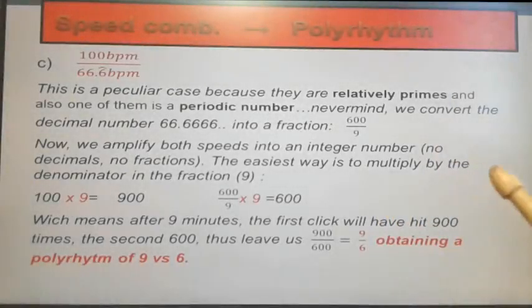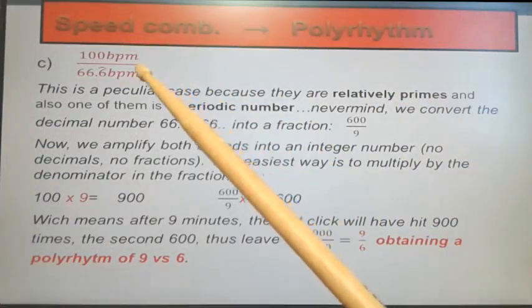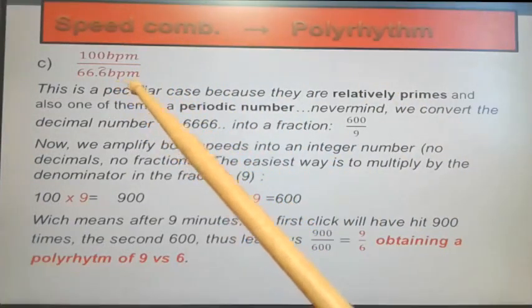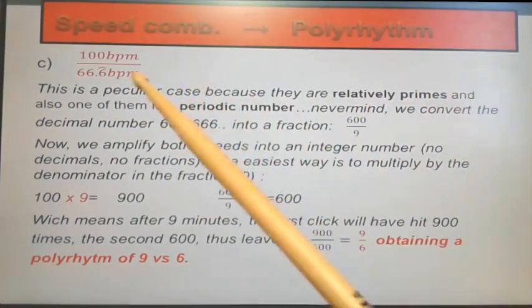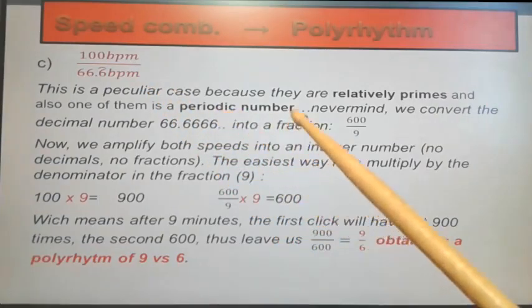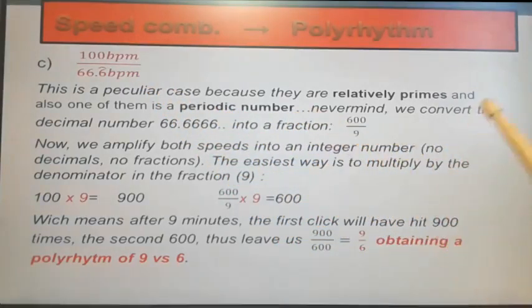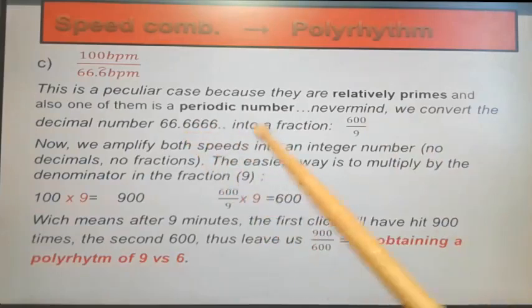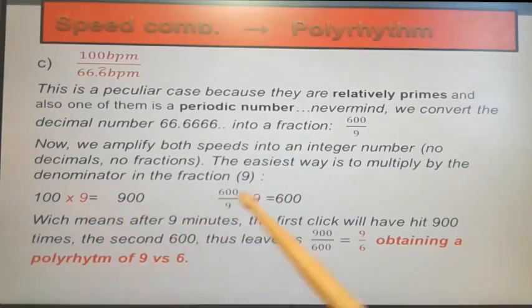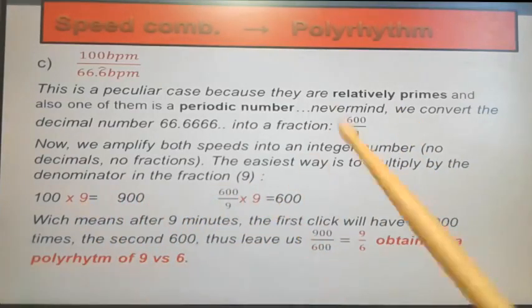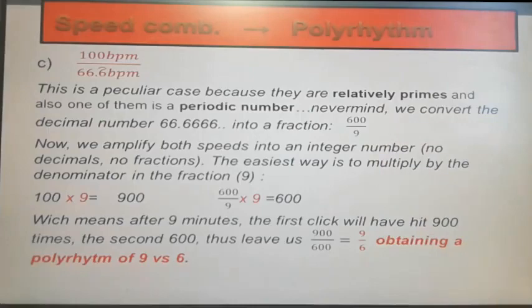For the third example, 100 BPMs versus 66.6 periodic BPMs. These are peculiar because they are relatively prime to each other, and the second one is a periodic number. So what we do is convert the decimal into a fraction, and we obtain 600/9. So we amplify both. But by what number? The least number that makes them integers.